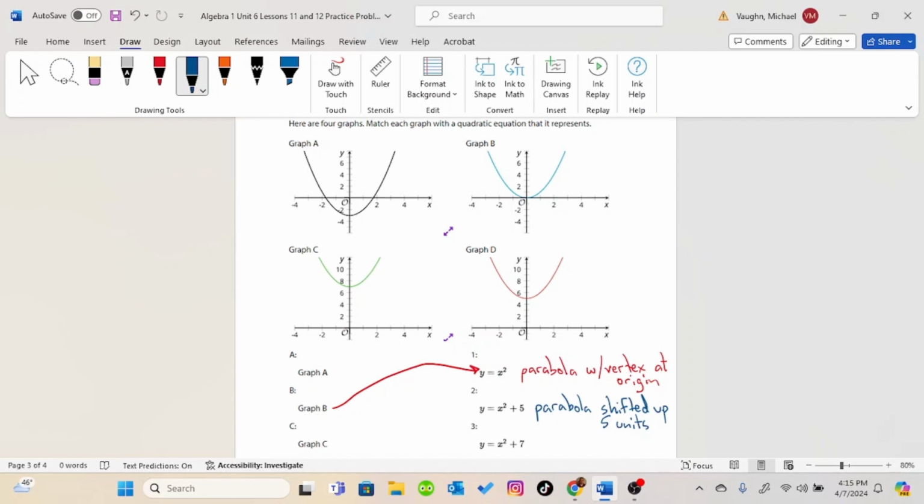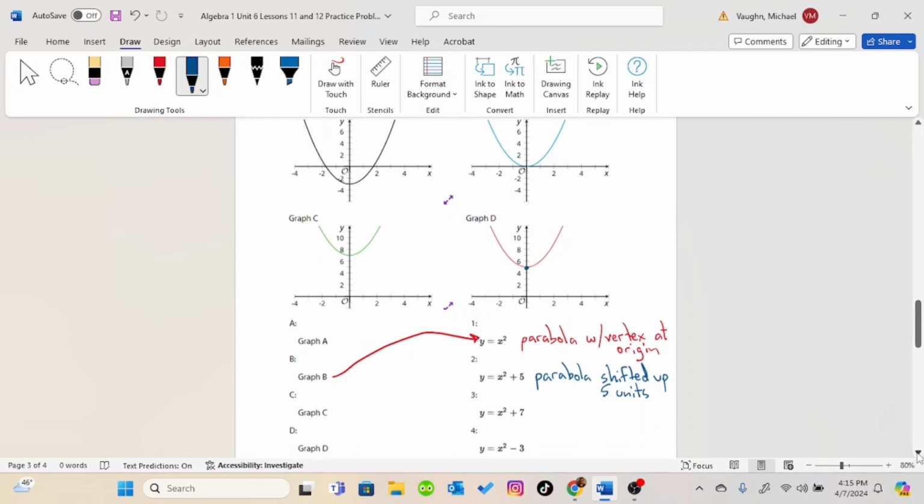We see that right here on graph D. So that means graph D matches equation 2.